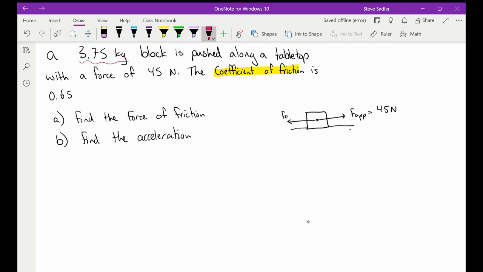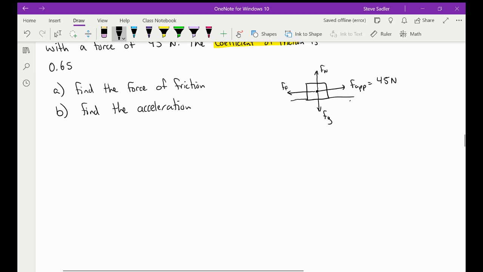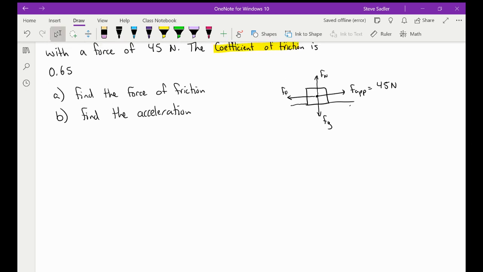The block has a mass, therefore it has a force of gravity, and it's sitting on the surface of a table, and it's not actually moving in a vertical direction. Therefore, we have an opposing normal force. There's all the forces acting on our block. So A says find the force of friction. So let's do that.